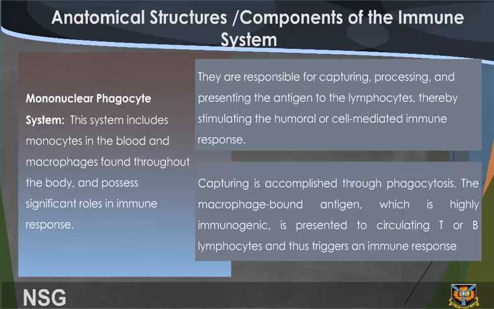Capturing is accomplished through phagocytosis. The macrophage-bound antigen, which is highly immunogenic, is presented to circulating T or B lymphocytes and thus triggers an immune response.